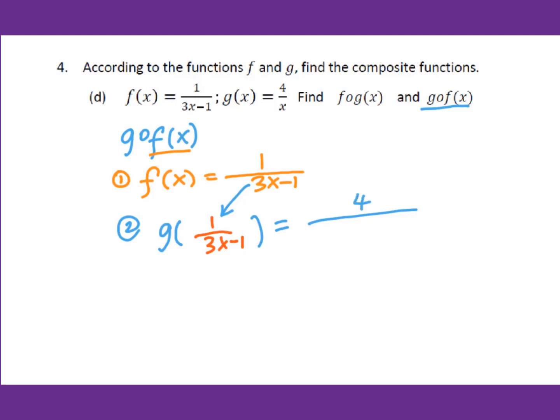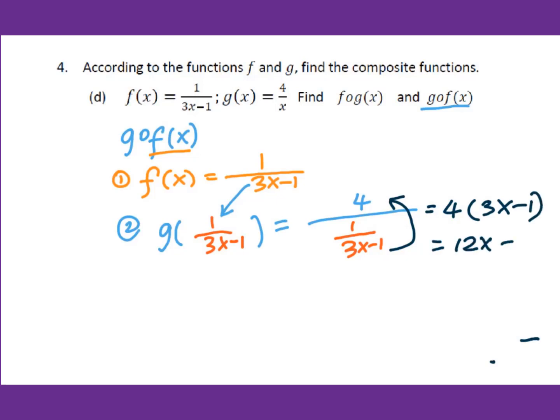Therefore, we got 1 over 3x minus 1. Then do the operation of a complex fraction. We got 4 times 3x minus 1. Distributive property, that is 12x minus 4. This will be the final answer for g of f of x.